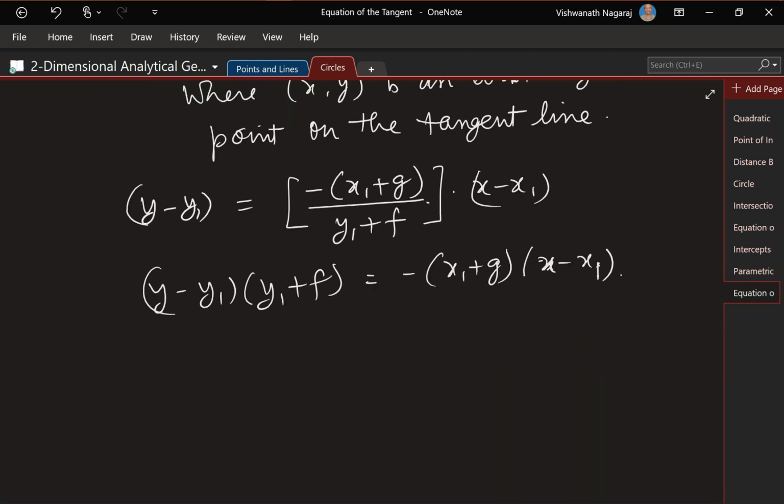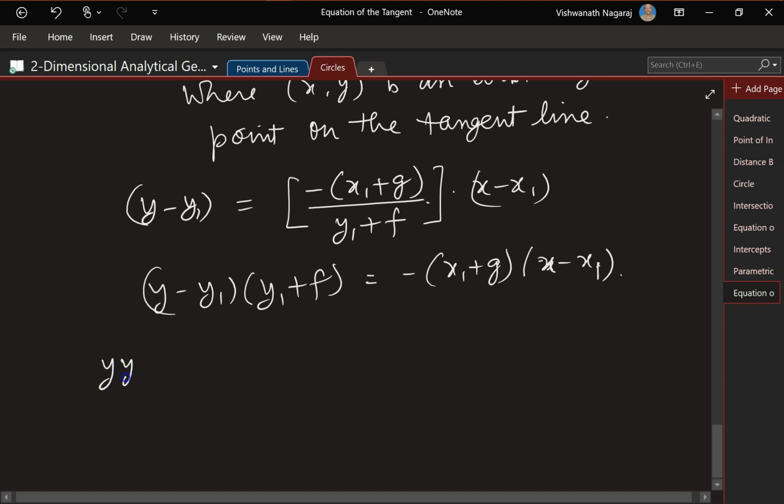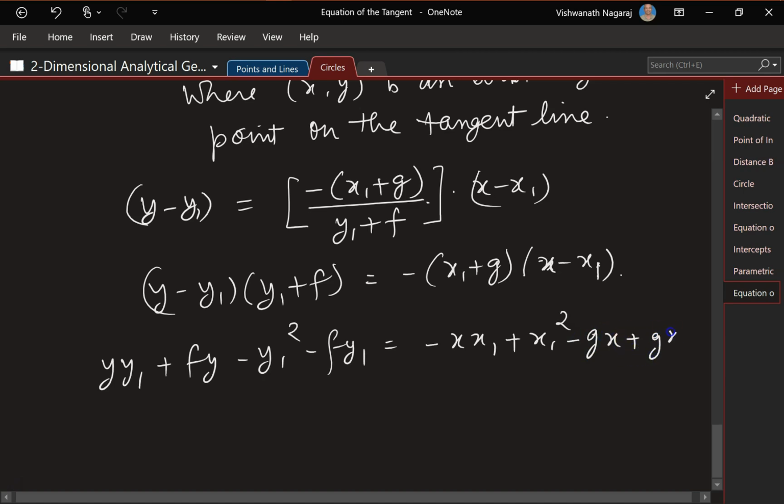Now here let's expand it. y y1 plus fy minus y1 square minus fy1 is equal to minus x x1 plus x1 square minus gx plus gx1.